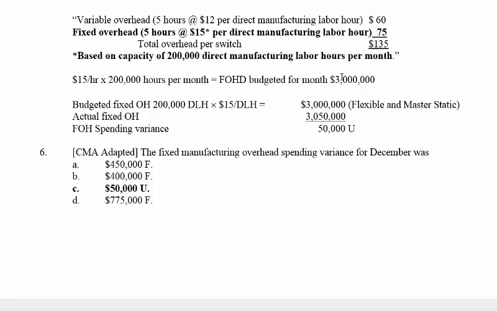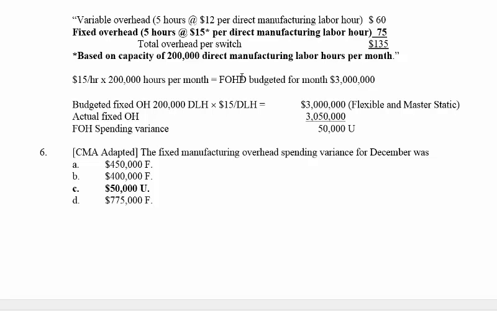Therefore, where would this $3 million in fixed overhead be put in our master static budget? The master static budget would show fixed overhead as $3 million.